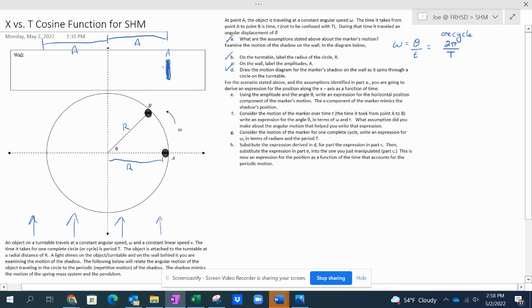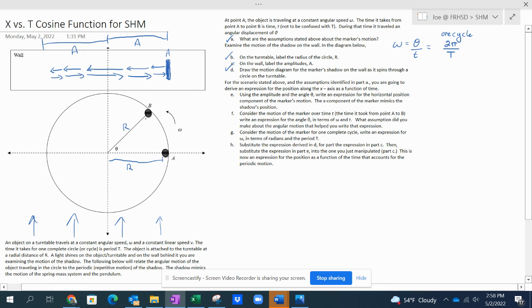If we look at the motion diagram of the shadow, it will accelerate back and forth, getting fastest through the center, and the shadow would slow on the sides, stop, and change direction.